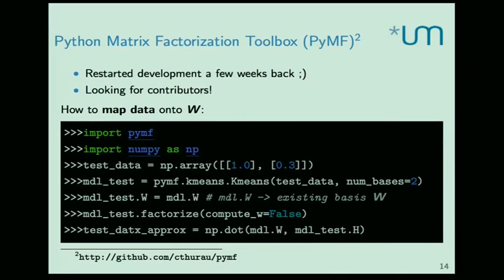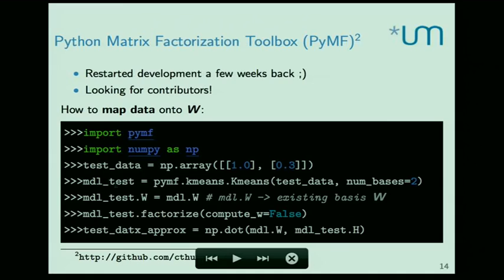One of the things that you also often would like to do is to map existing data onto the models that you have already computed, right? This is very common to do for clustering, matrix factorization and a lot of other of these tasks. And here it's also very, very simple.